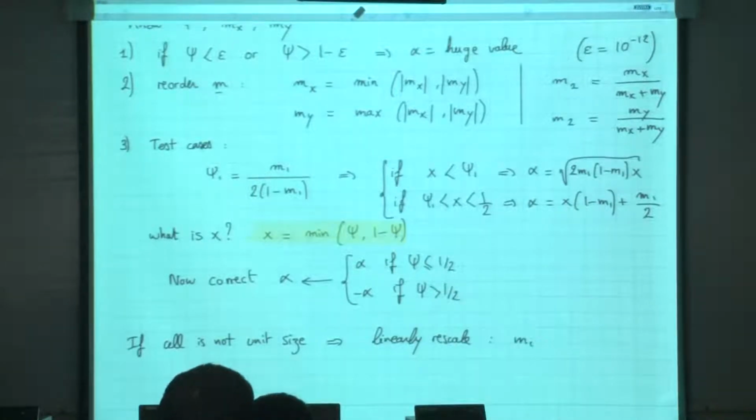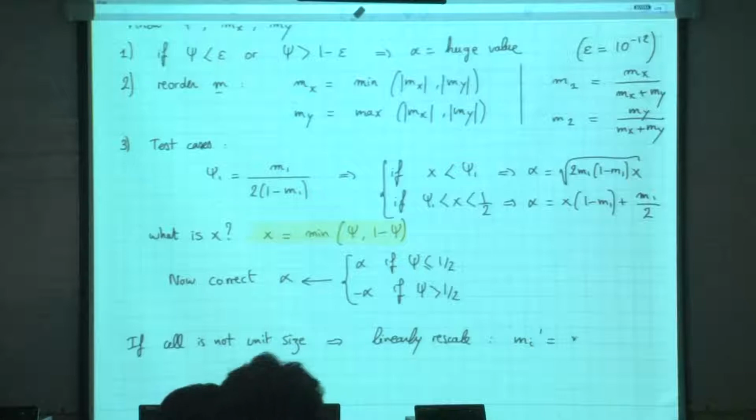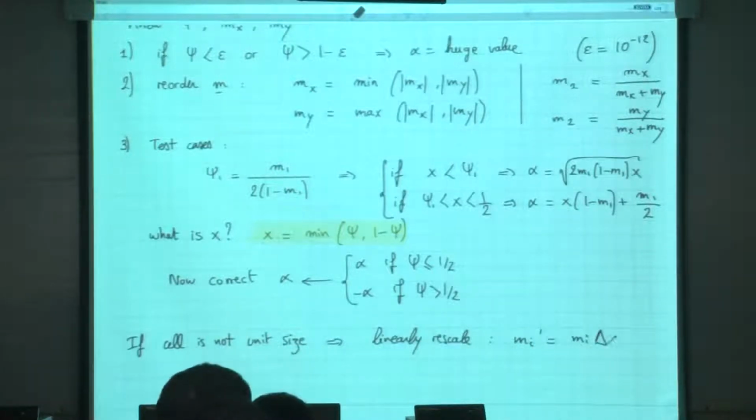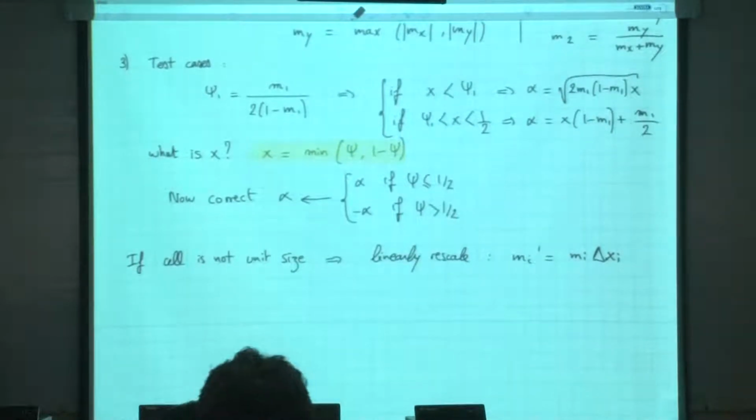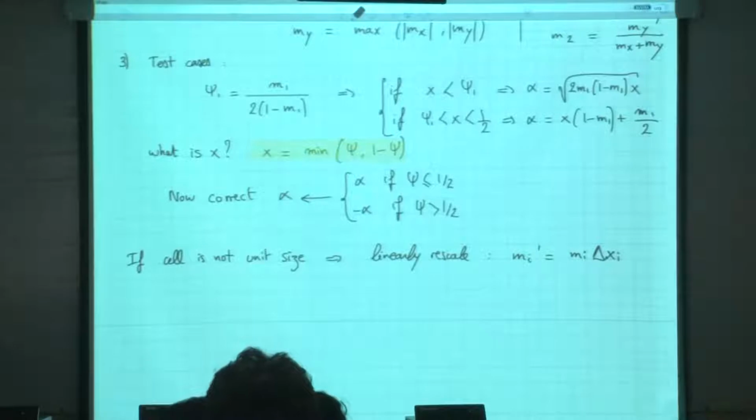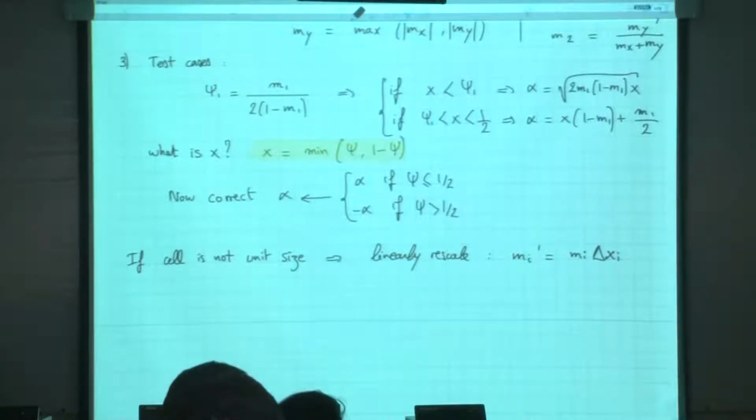So you do that by taking your m and creating an m prime that is just m sub I times the corresponding delta x. This is a key ingredient.